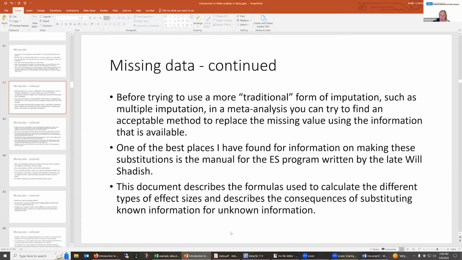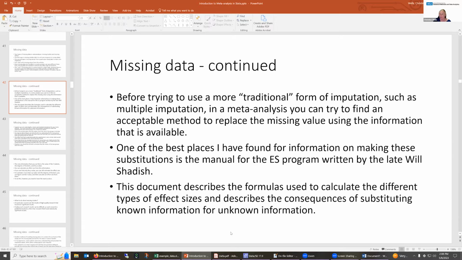One of the very best places that I found was in the manual for the ES program written by the late Will Shadish. Will and I were friends. I really do miss him because he was a sweet guy, a gentle soul, and a meticulous researcher. I mean, just the highest quality research. He wrote this program, ES for effect size, and then this amazing manual.